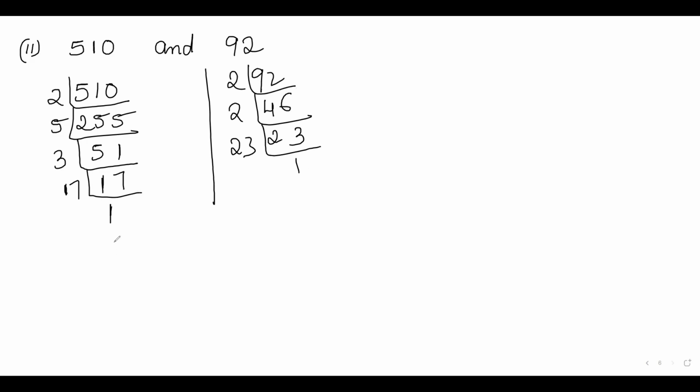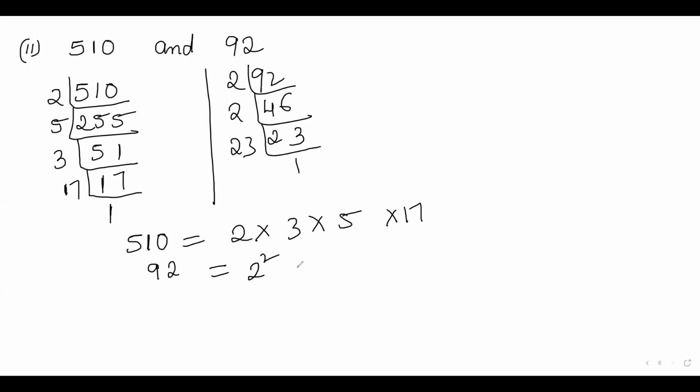So what are the prime factors of 510? 2, 3, 5, 17. And 92 is 2 square and 23.